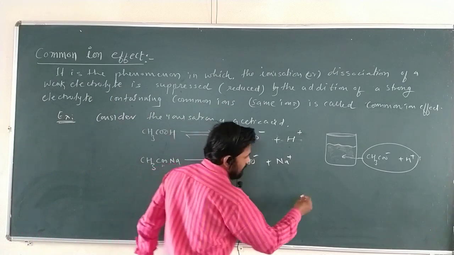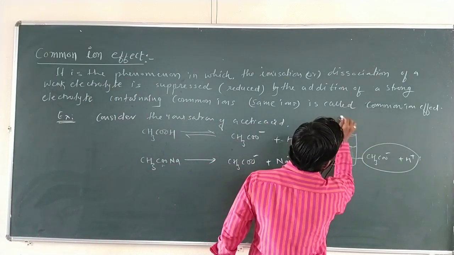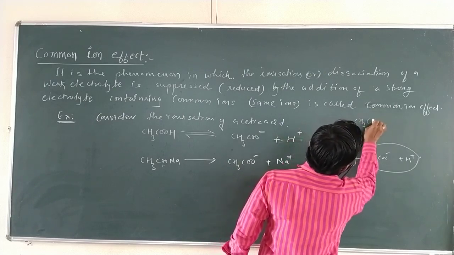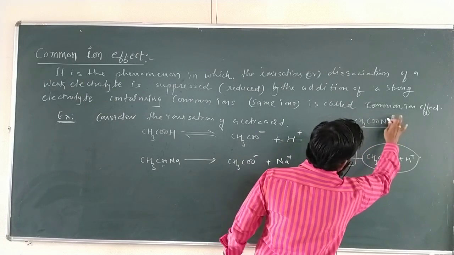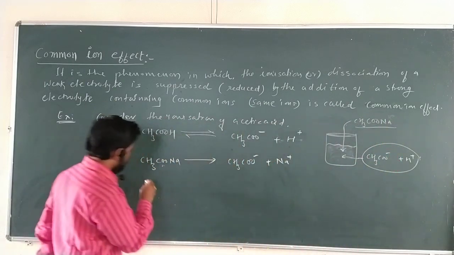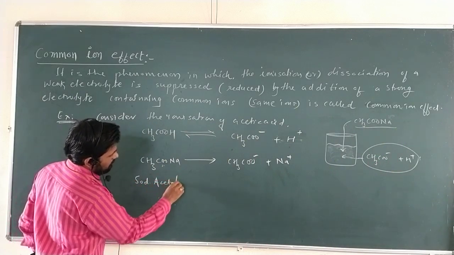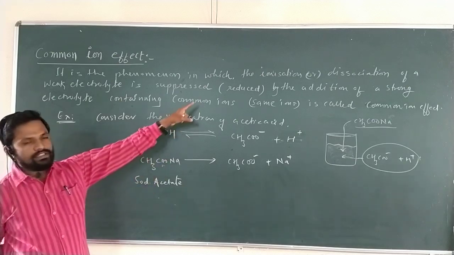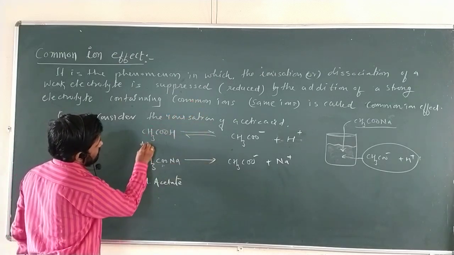If I add into the same solution CH3COONa, which is sodium acetate, this is another electrolyte which we are going to add into the weak electrolyte solution of acetic acid.